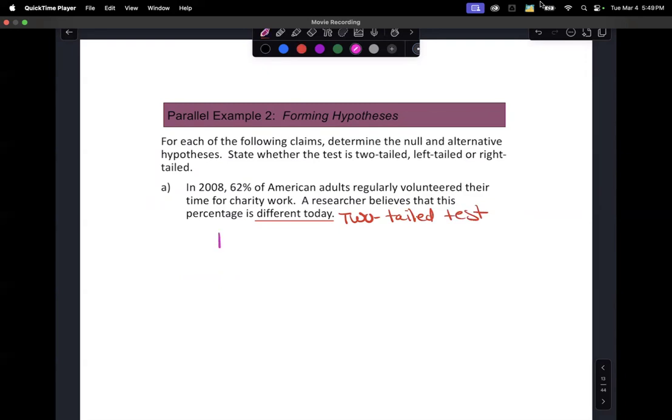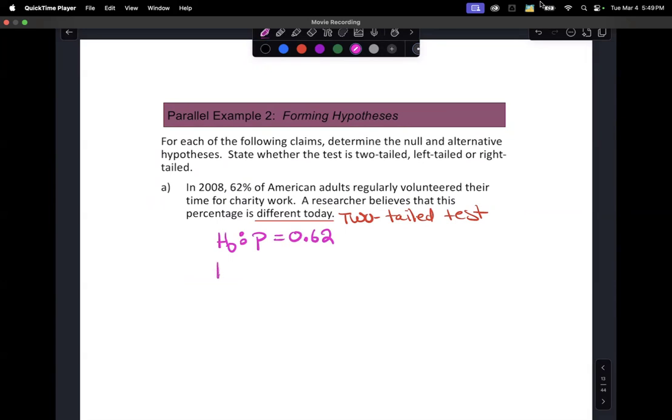Okay. So our null hypothesis, our H naught, will look like this. Our p is equal to 0.62. So the proportion of people who volunteer is equal to 0.62. We believe this is true until we have evidence to support something different.